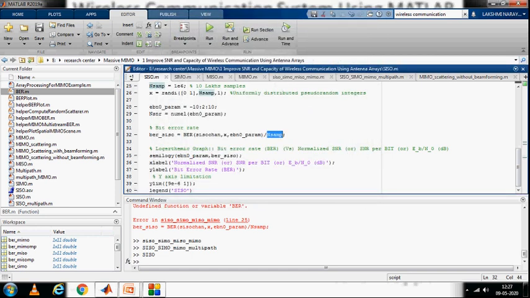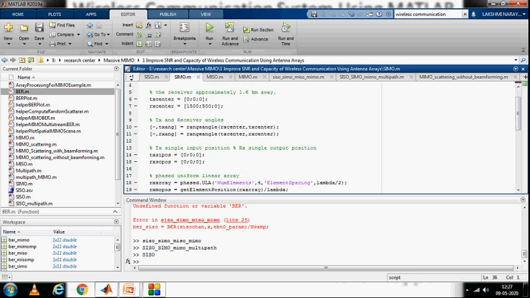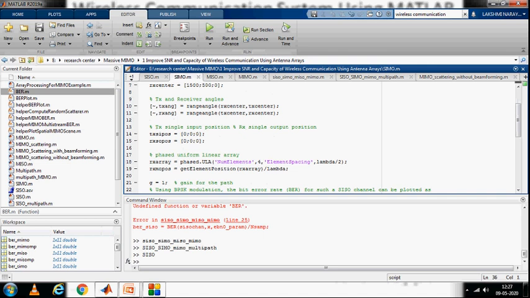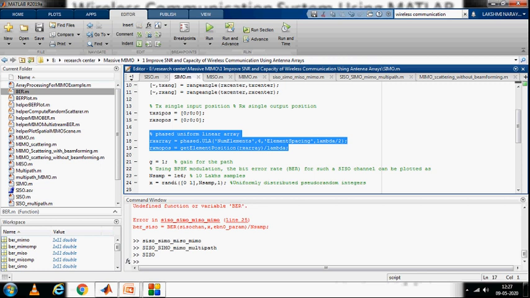Next I will show you the same programming, how to write it for single input multiple output. Here also we define the parameters: propagation speed, carrier frequency, wavelength, transmitter or receiver distance, angles between transmitter and receiver, and position. Here for single input multiple output we are taking 4 receiver antennas and 1 transmitter antenna.